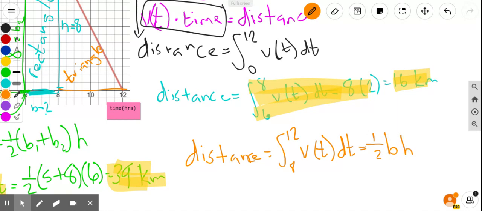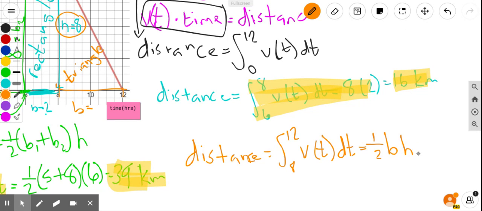So, luckily I know my height is already 8, and my base goes from 8 to 12.